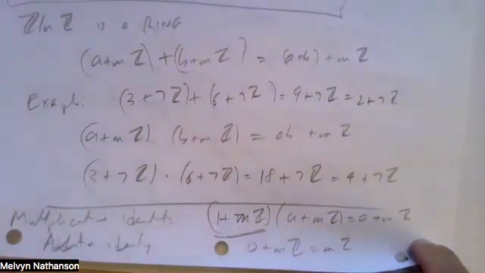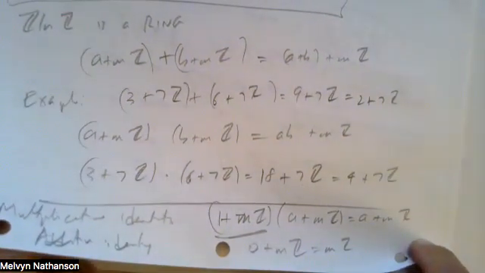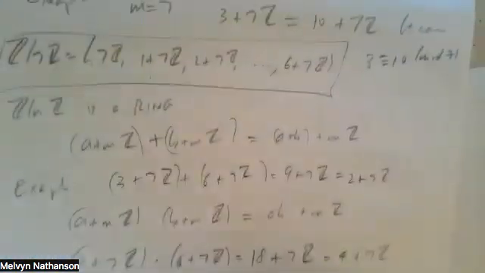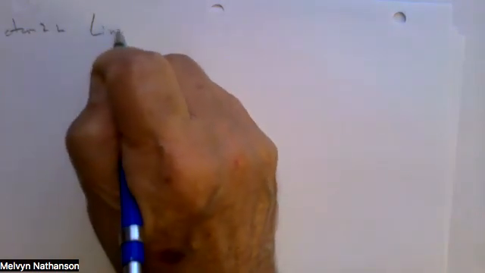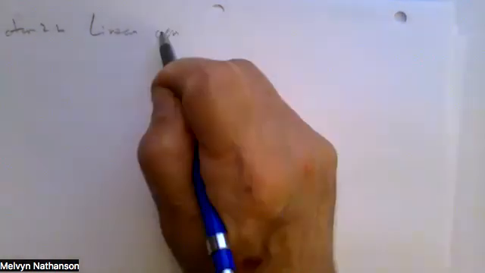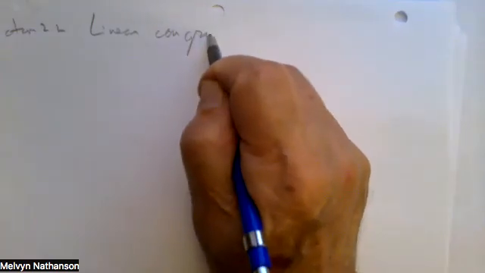So we like to solve equations in number theory. The simplest equation is a linear equation. And when we're talking about congruences, it's called a linear congruence. So in the text, this is section 2.2, linear congruences.